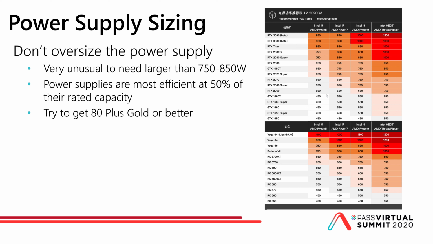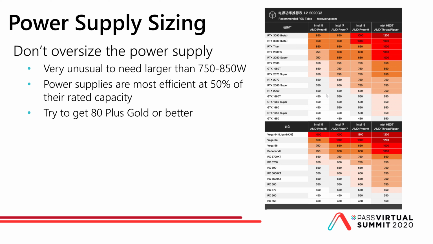If you're looking at getting an RTX 3090, which is extremely expensive, by the way, about $1,500 for that video card, and you're going to run that in a Threadripper system, then you probably do need a 1,200 watt power supply. But most of us are going to be running something more like a Ryzen 9 or a Ryzen 7, and maybe a 1660 Super like I was talking about.